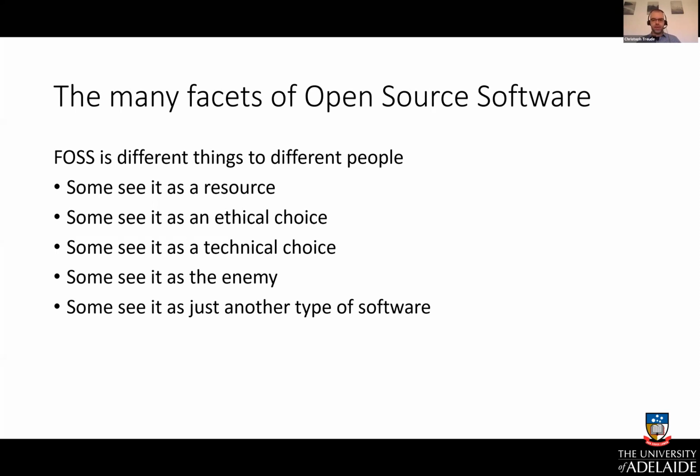Some people see it as an ethical choice. Some people strongly believe that companies should not be making money from software because, as you know, software is fairly intangible. It's not like hardware where you can actually touch the thing that you're selling.